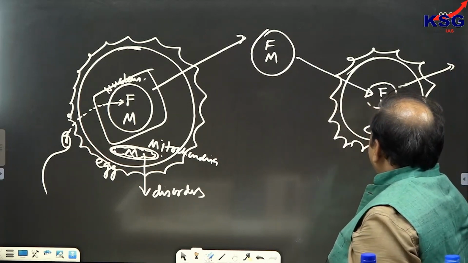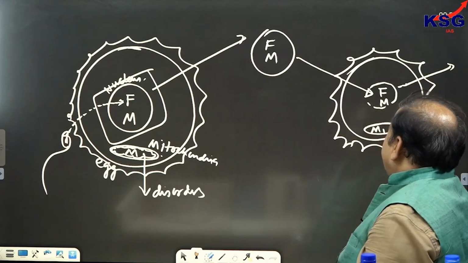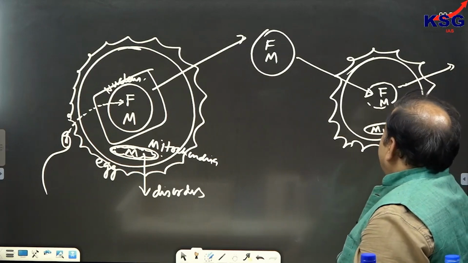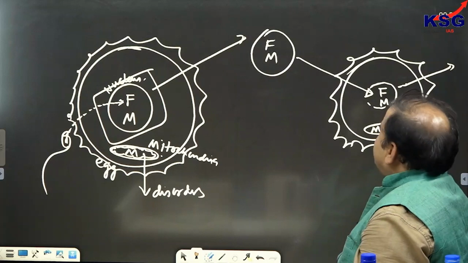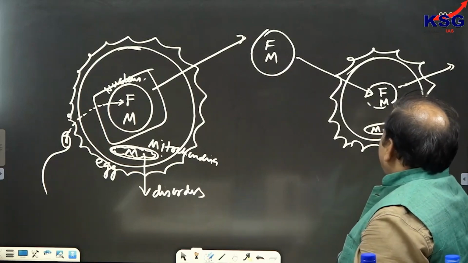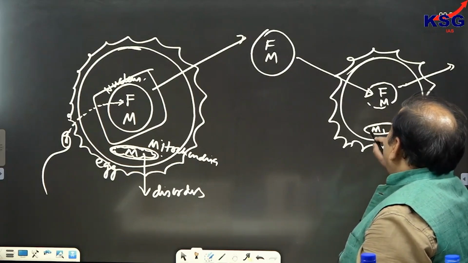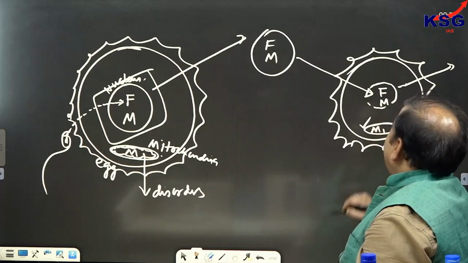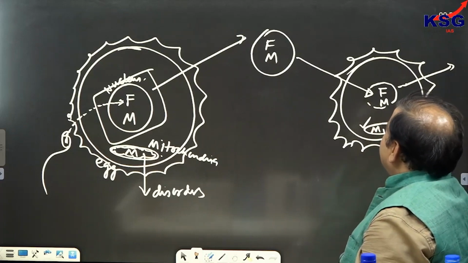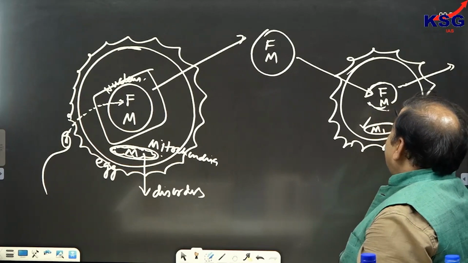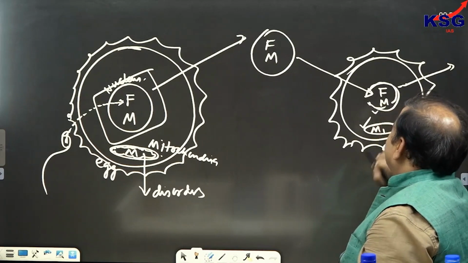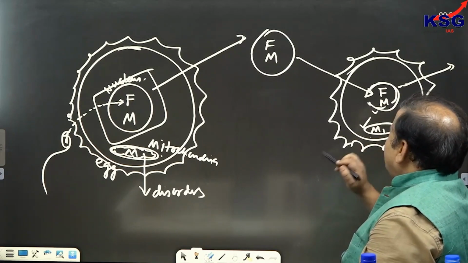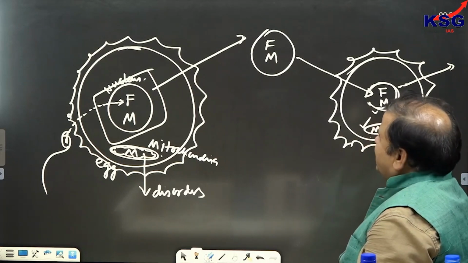So ultimately, in the nucleus we have the genetic material of the father and the first mother, but the mitochondrial DNA belongs to the second mother.